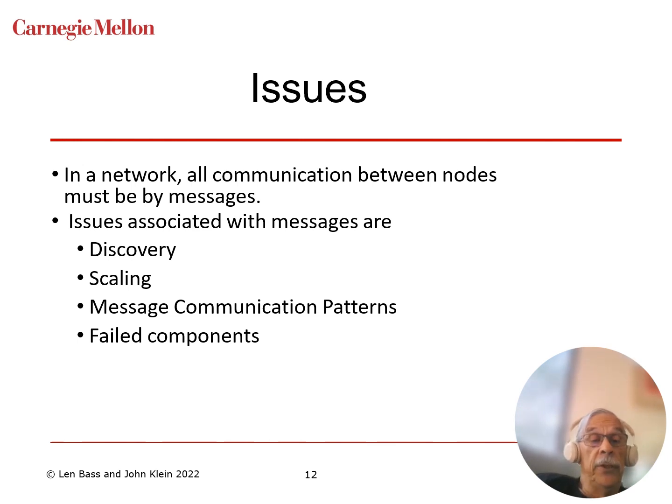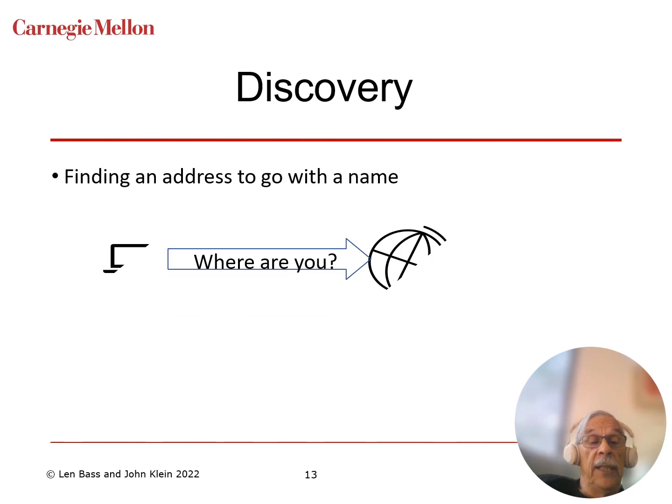And so there are issues associated with messages. One issue is, how do I know where you are? What's your address? I know your name. How do I know an address to send a message to you? Because messages have to be tagged with specific addresses. They can't be tagged with names. So there's a mechanism to change names into addresses, but that's called discovery.